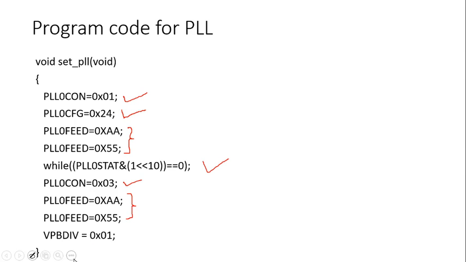Then if you put VPBDIV equal to 0, 1, it means you are generating the peripheral frequency from this signal. So this is all about the PLL.